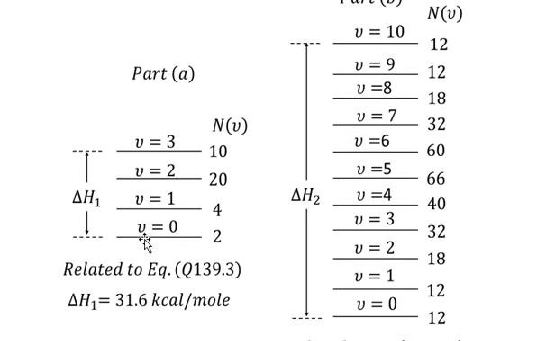In vibration level 0, there will be 2 excited hydrogen fluoride molecules. In vibration level number 1, there will be 4 molecules. In vibration level number 2, there will be 20 molecules, and in vibration level number 3, there will be 10 excited hydrogen fluoride molecules.